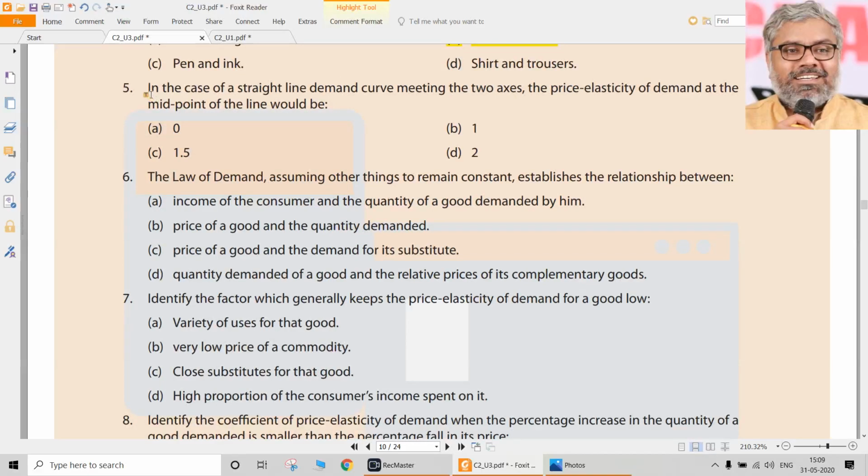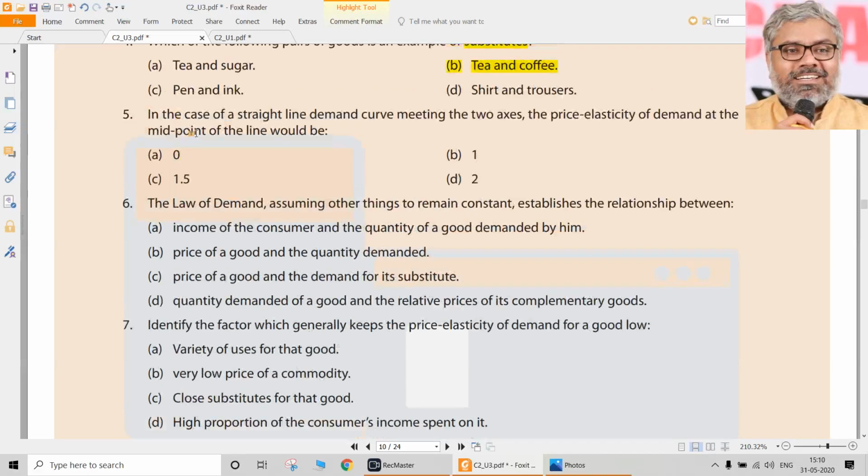Next, question number 5. In case of a straight line, linear demand curve meeting the two axes, what is the price elasticity of demand at the midpoint? The point to be noted here is the midpoint of the line. How much is the price elasticity at the midpoint is the question.